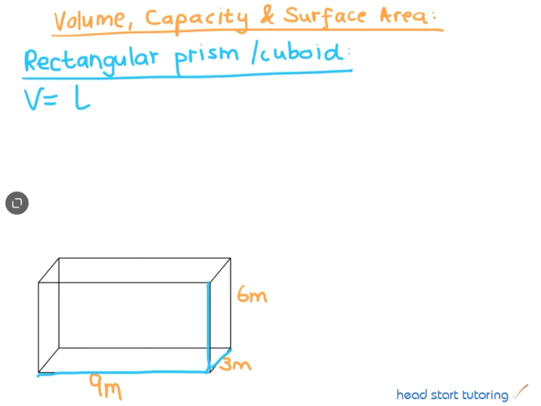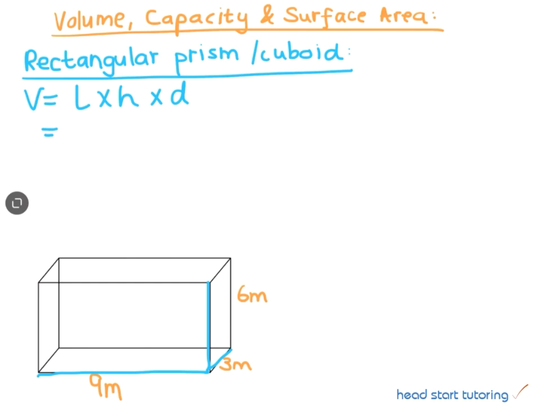So we say length times height times depth. So just remember that it is those three measurements that you need to multiply by each other, and it doesn't really matter what you call them here as long as it's those three different measurements that you multiply together.